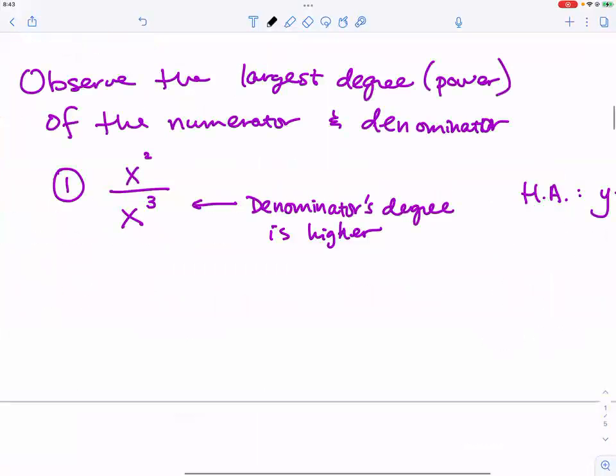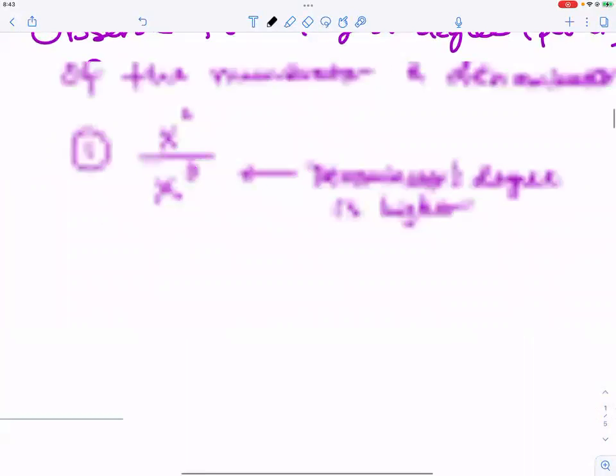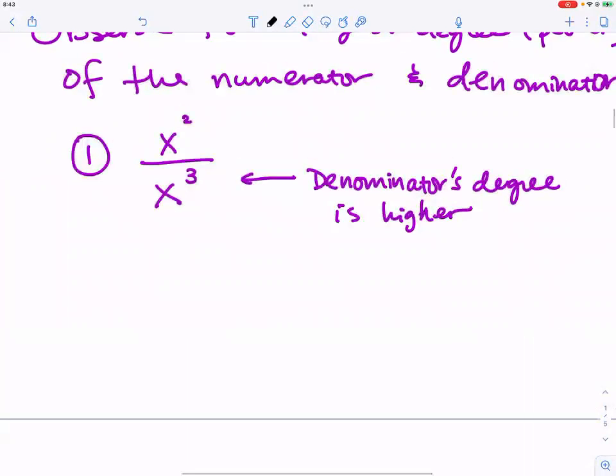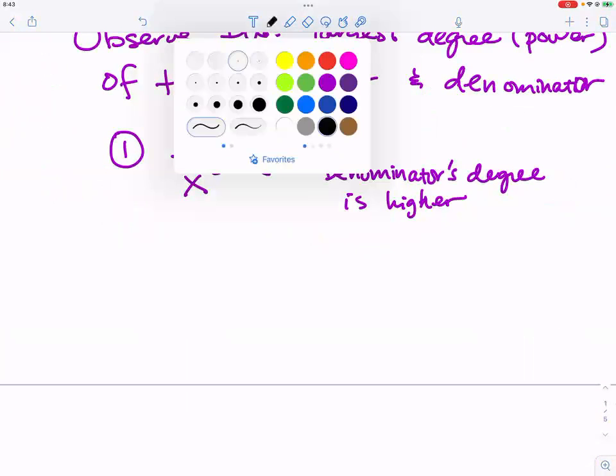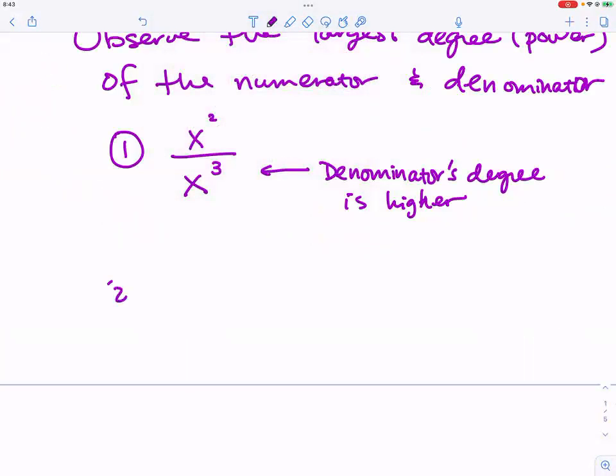Well, that's not true. Okay, so that's what happens when the denominator's degree is higher. Now let's go for the second example. The second example could be something like this: 2x squared plus x minus 3 over 4x squared minus 3x plus 1.